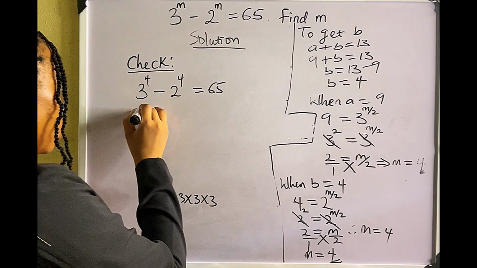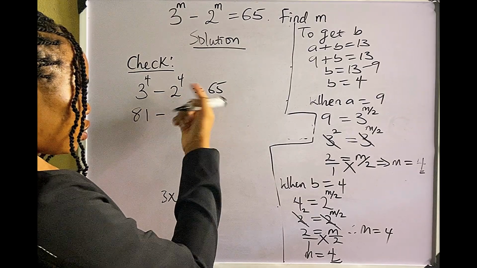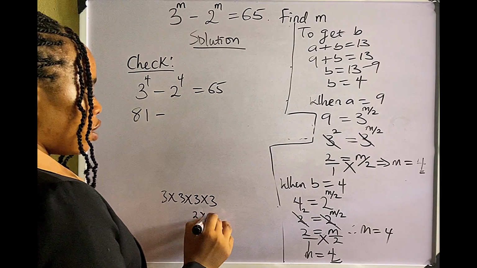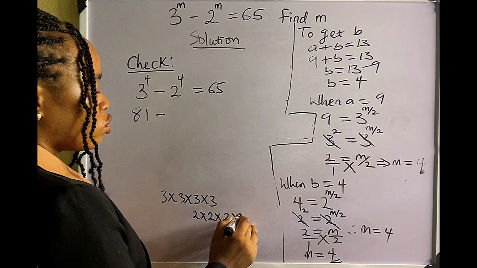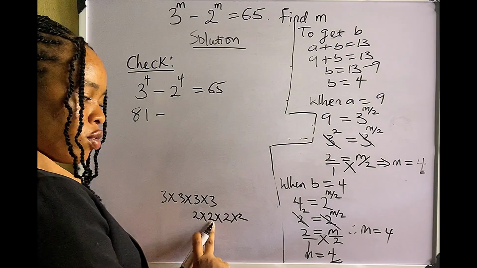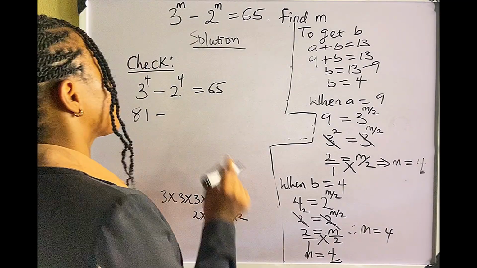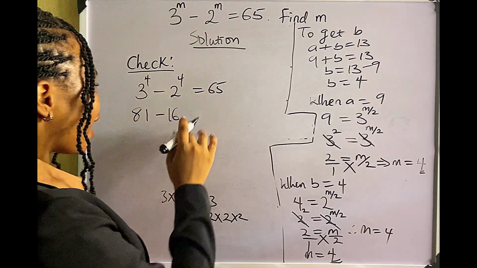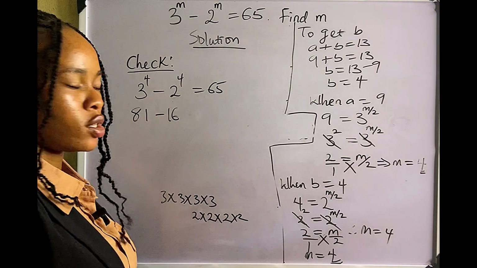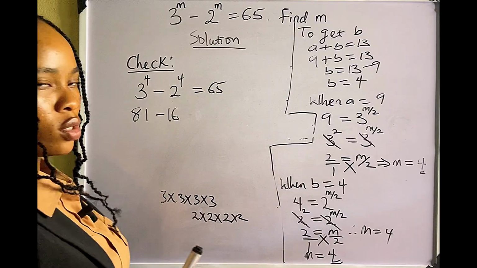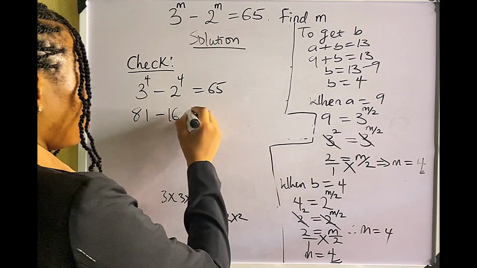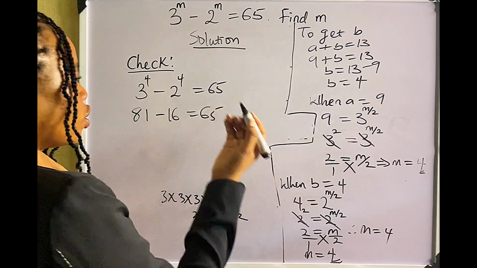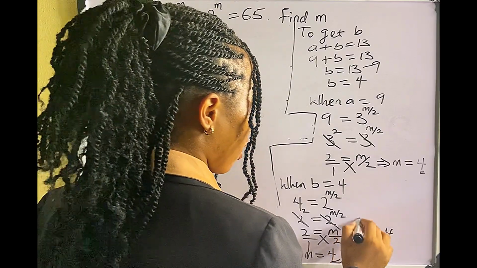Minus 2 raised to the power of 4, that's 2 times 2 times 2 times 2. 2 times 2 is 4, 4 times 2 is 8, 8 times 2 is 16. So let's see, does it give us 65? 81 minus 16 is 65.